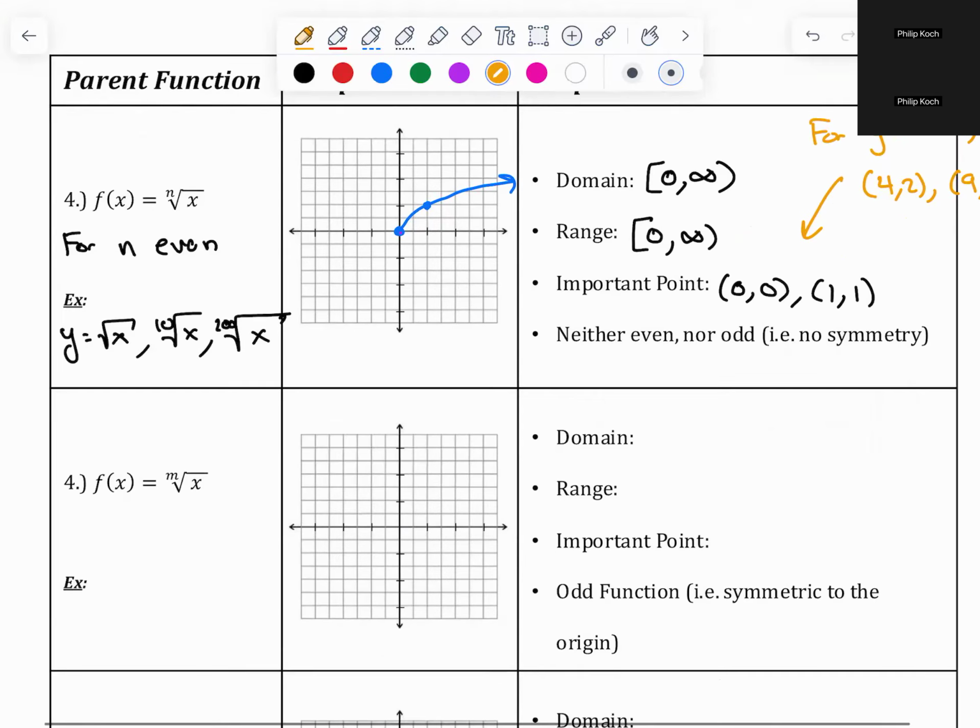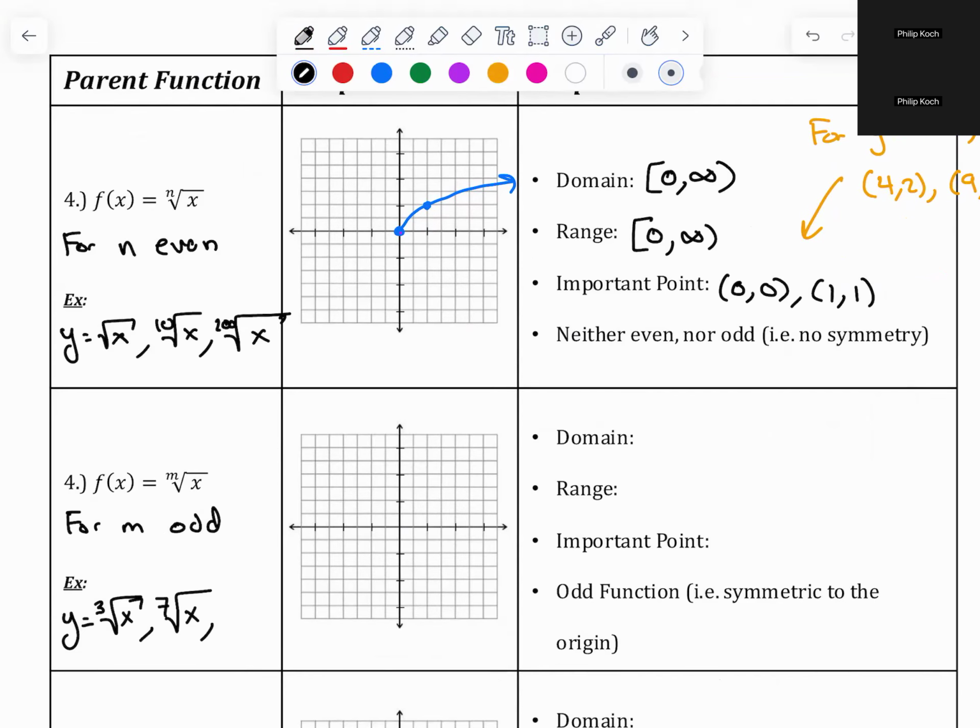Then you have the odd degree radicals. For n odd, so thinking things like y equals the cube root of x, or the 7th root of x, or maybe even the 99th root of x. Those ones always have the points (-1, -1), (0, 0), and (1, 1).